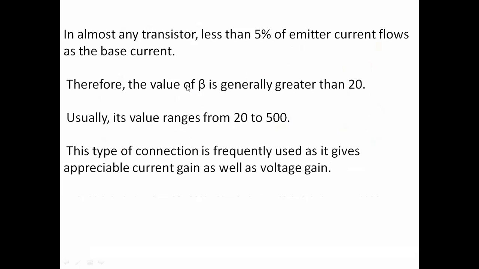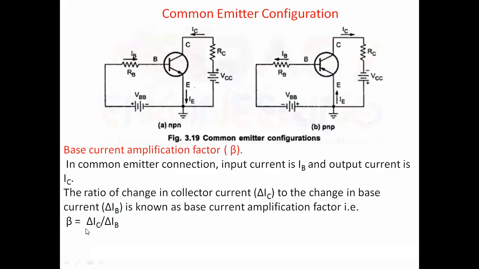That's why, if you observe the beta value, delta IC by IB, IC is approximately equal to IE, and IB is very small. So most of the amplification will be done here only. A small value in the denominator produces a higher gain value. That's why we will get IC by IB as a very high value.